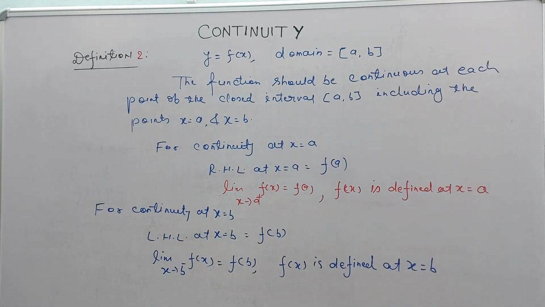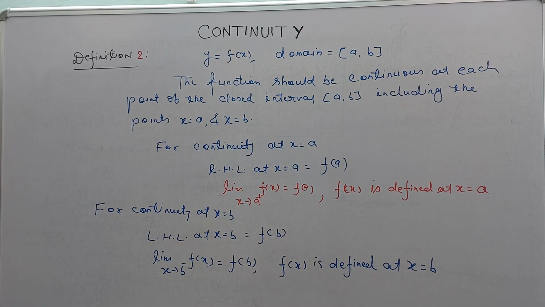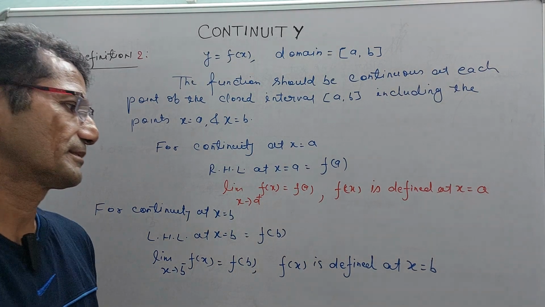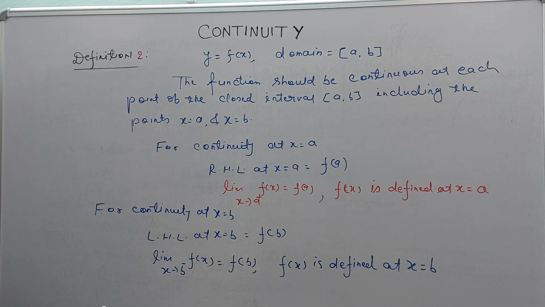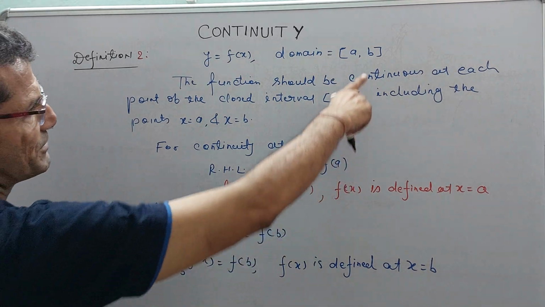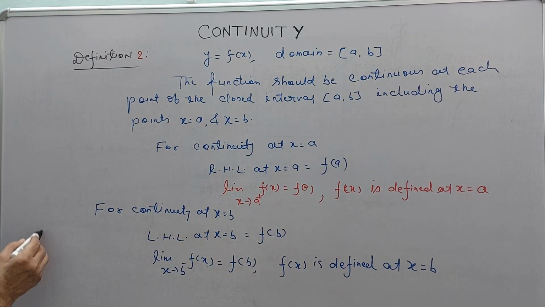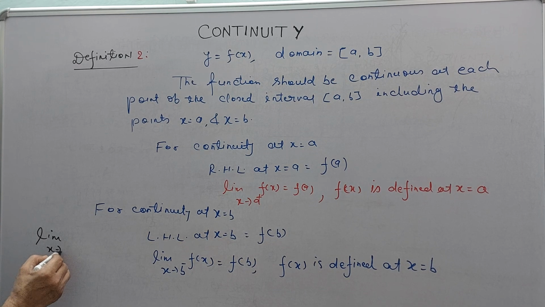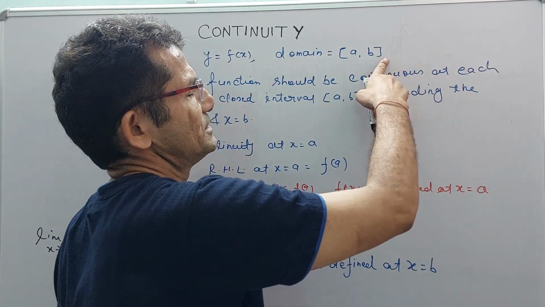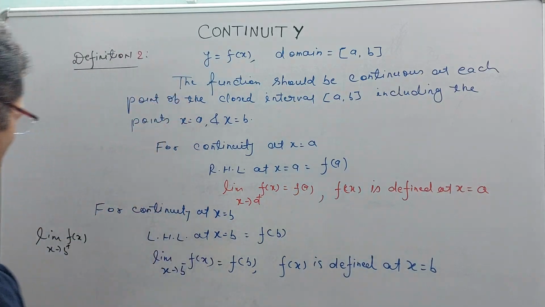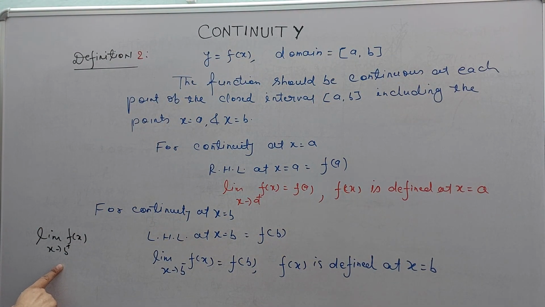Here f(x) should be defined, meaning the value should be a real number. There is no sense if I take the right hand limit, approaching b from the right, because toward the right we come outside of this interval. So for the right hand limit at the point b we will be outside the interval, so we will not take this.